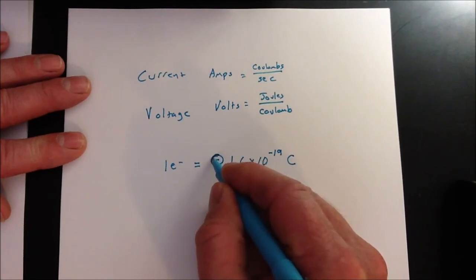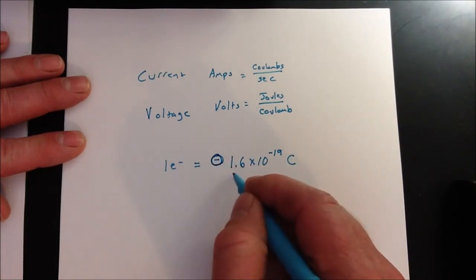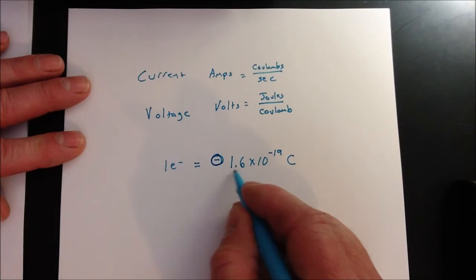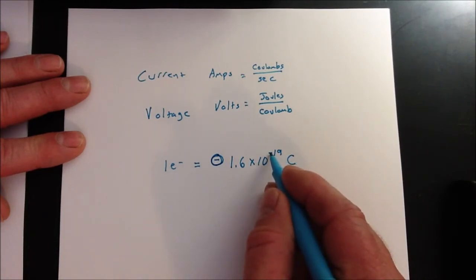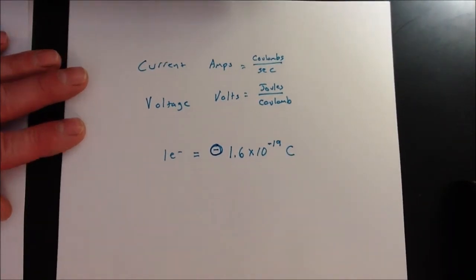Now when I say I'm going to leave off a negative, the fact that the electron is negative, we just say the charge on an electron, elementary charge, is 1.6 times 10 to the negative 19. Do not leave the negative off for the negative 19.